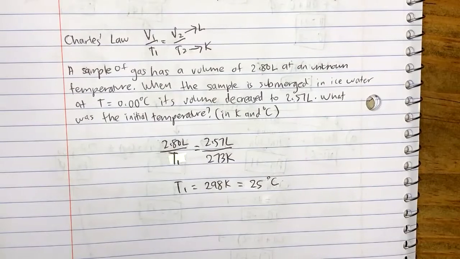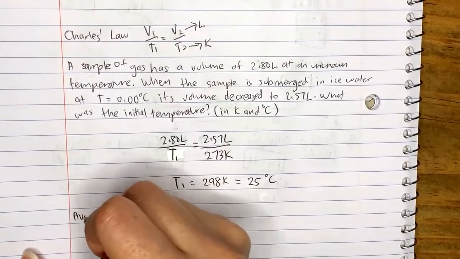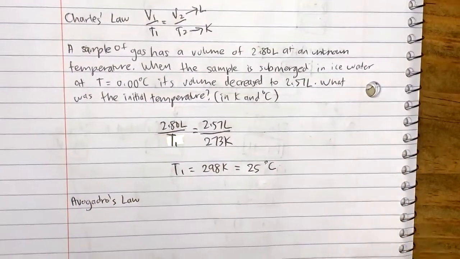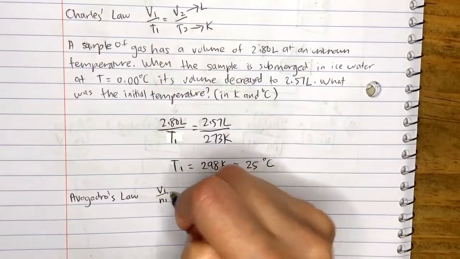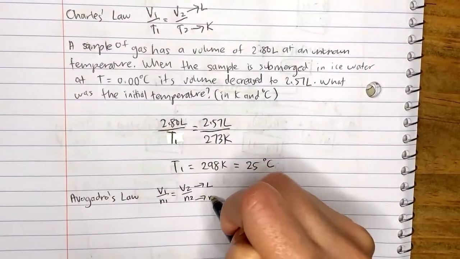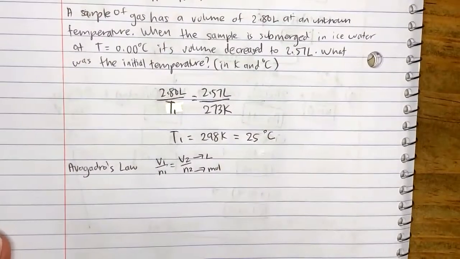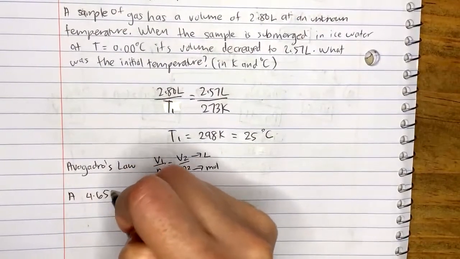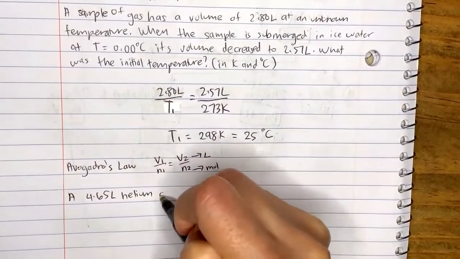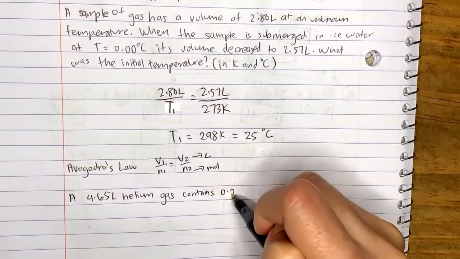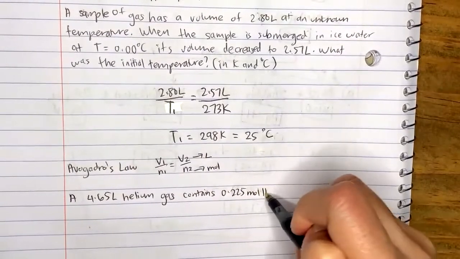Now let's go ahead and solve for Avogadro's law. And it says V1 over N1 equals V2 over N2. This will be units of liters. This will be units of moles. Okay? And then we want to go ahead and write a question out. A 4.65 liter helium gas contains 0.225 moles of helium.